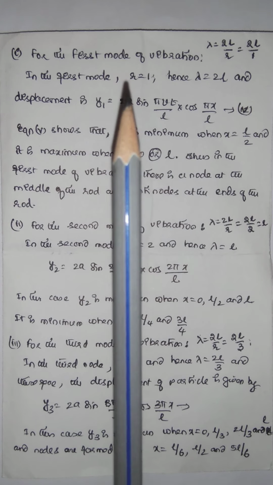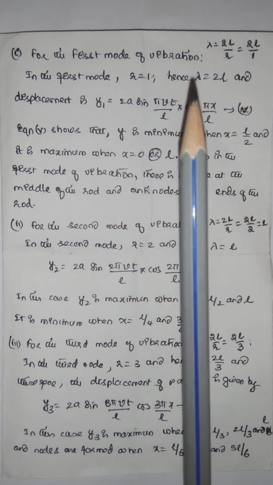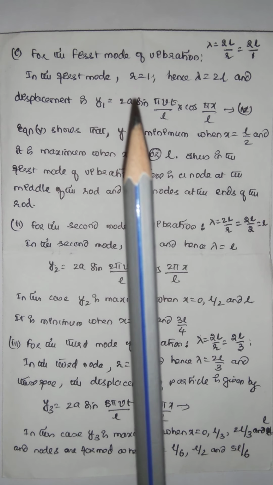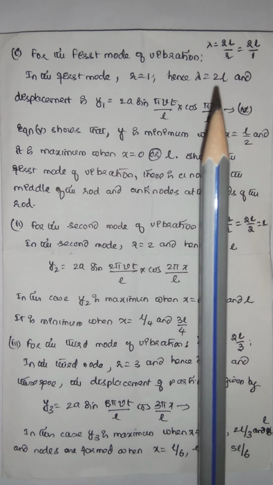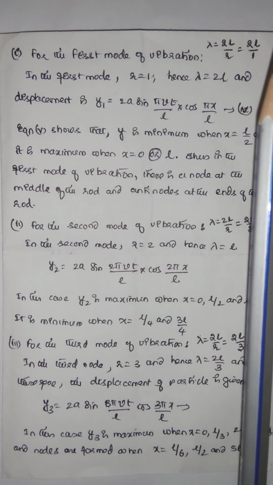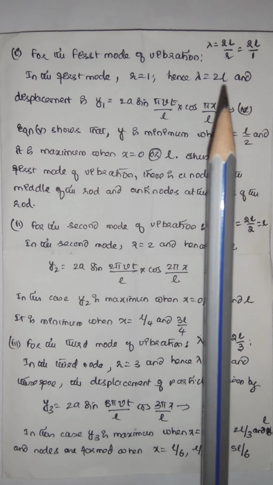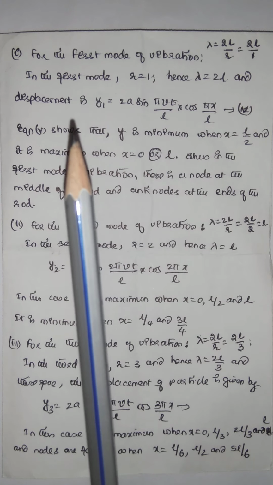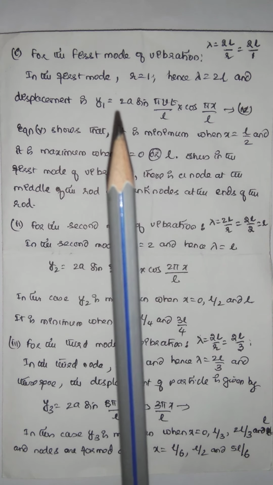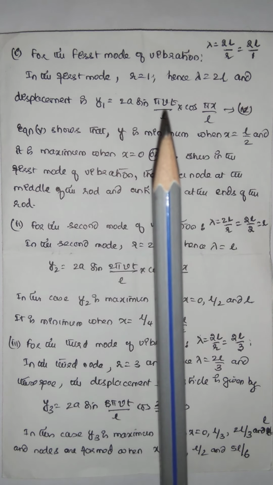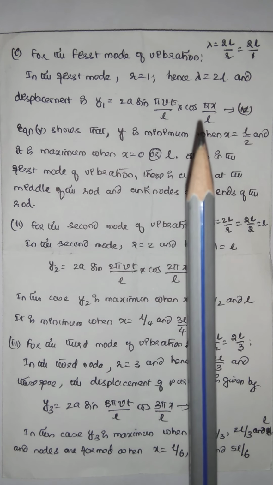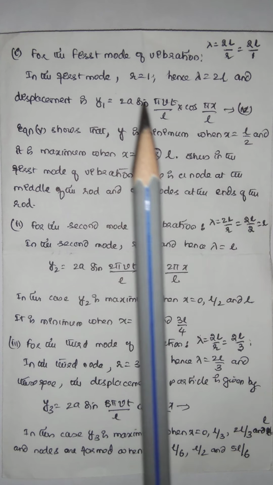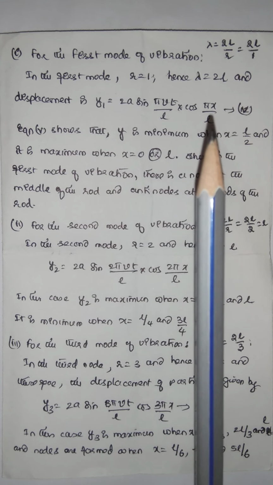Now we use this expression to identify the position of the nodes and antinodes. For the first mode of vibration, r is equal to 1. Then lambda is equal to 2l by r, which is 2l. The displacement is given by y1 equal to 2A sin(πvt/l) into cos(πx/l), where we replace r with 1.